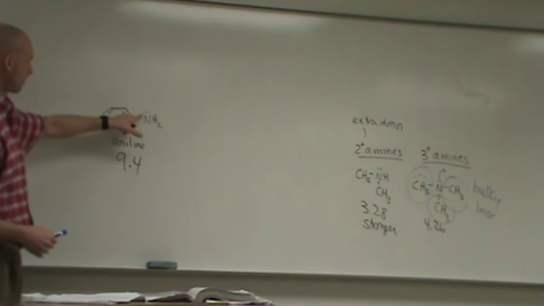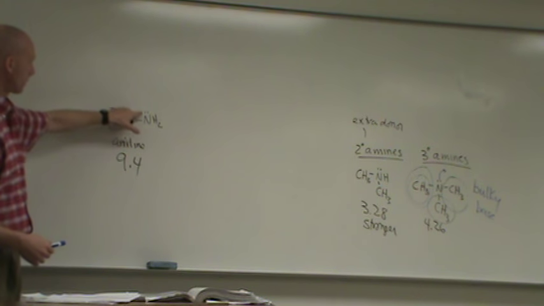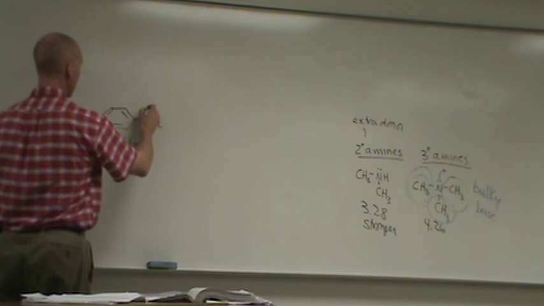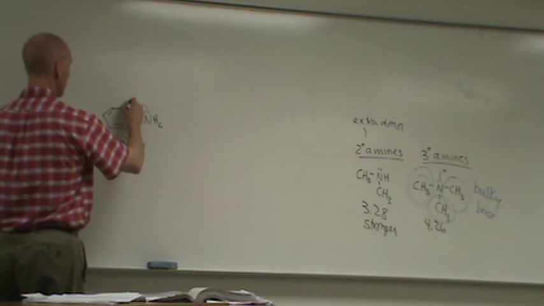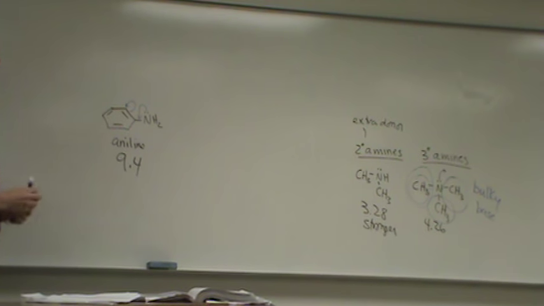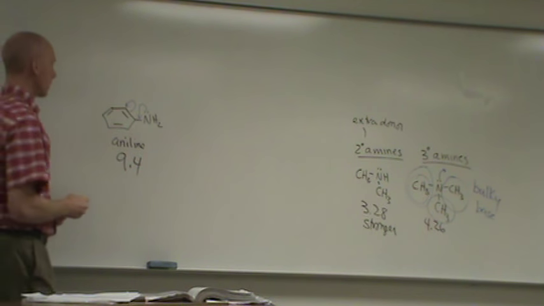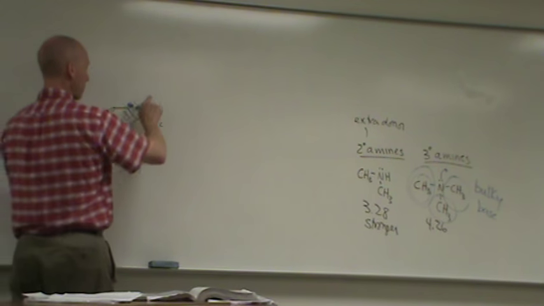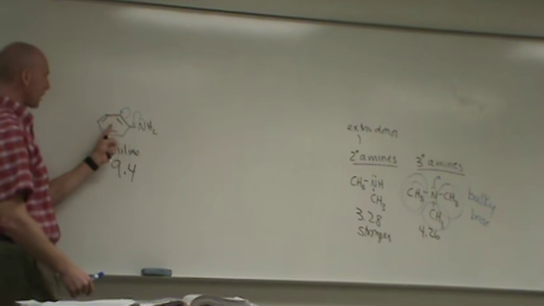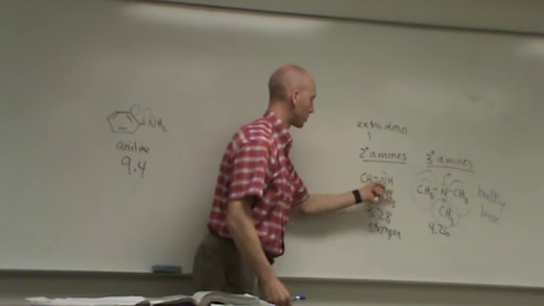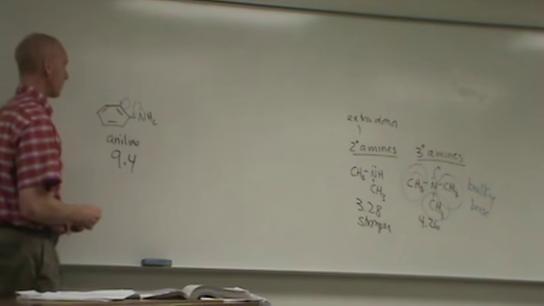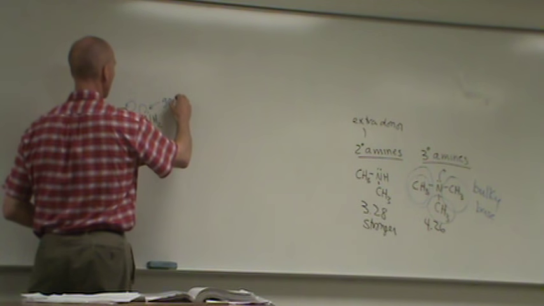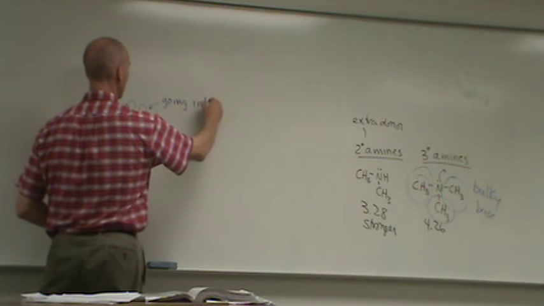What can I draw for that? Resonance. The lone pair next to a pi bond puts that in for resonance. So it's going in instead of going out. It's doing the exact opposite of what these pushers are doing. So this is going into the ring.